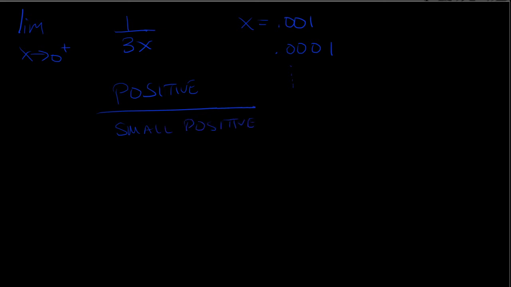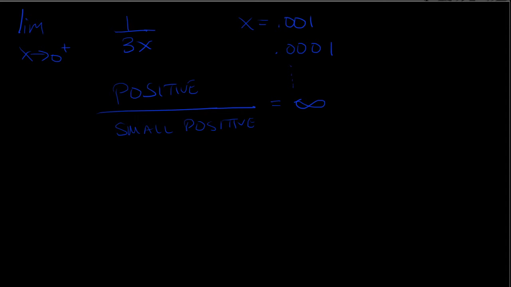In this case, I know my answer is going to be positive because positive divided by positive is positive, and a number over a really small number will go to infinity. So my limit is just positive infinity.